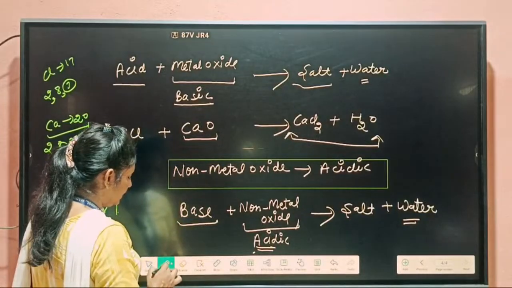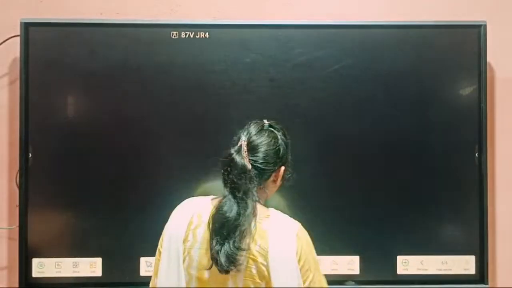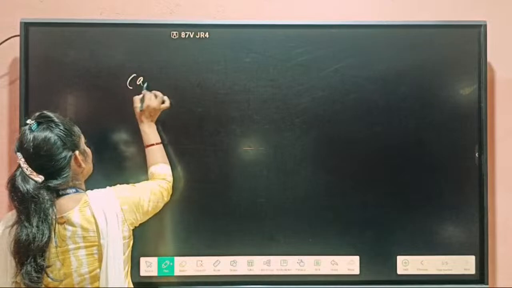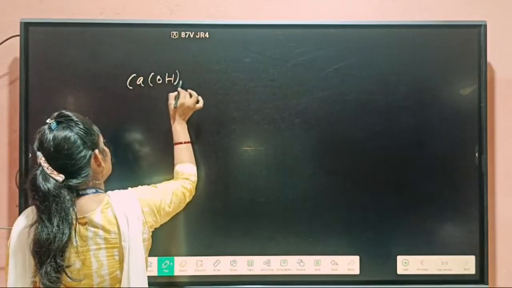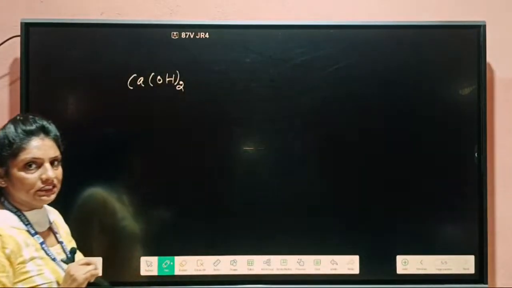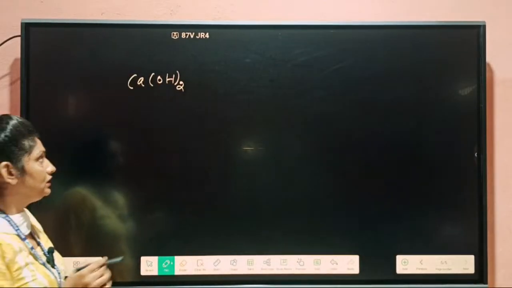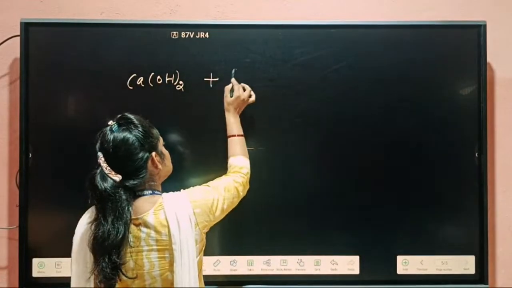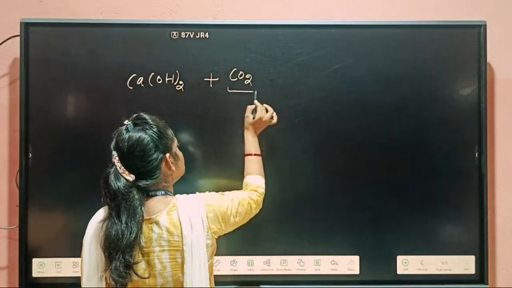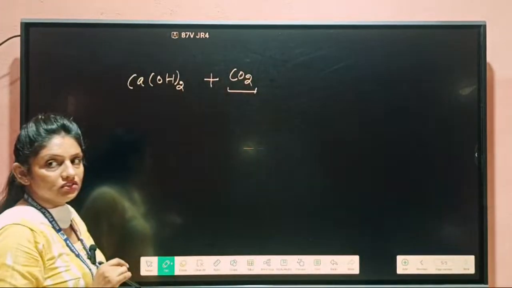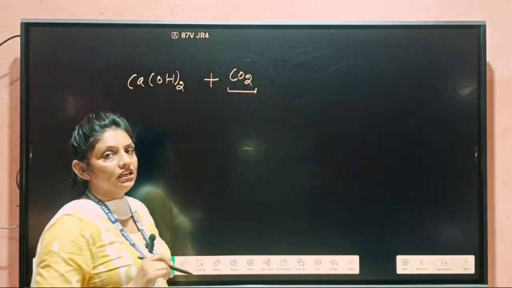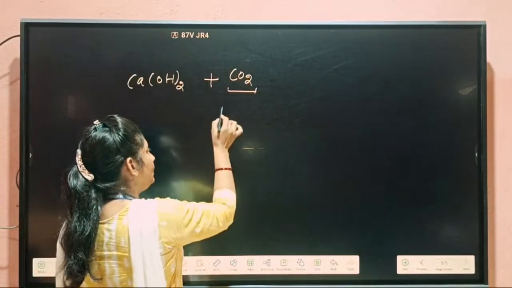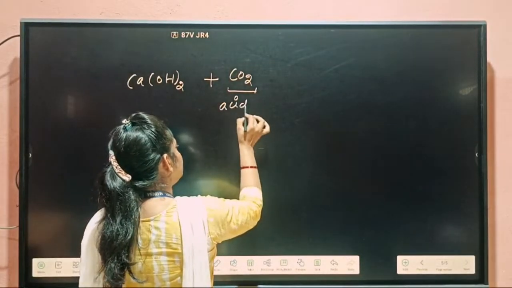Like students, if I am having calcium hydroxide, which ions are here, means it is basic. Calcium hydroxide is basic. Okay, students, CO2 is carbon dioxide. This one is the non-metal oxide, and non-metal oxides are generally acidic.